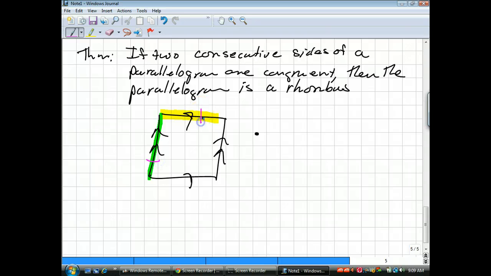So this is congruent to this. Well, we know that opposite sides of a parallelogram are congruent, so therefore this side has to be the same as the green side, and this side has to be the same as the yellow side, and therefore all four sides are congruent. So by definition of a rhombus, those have to be congruent.